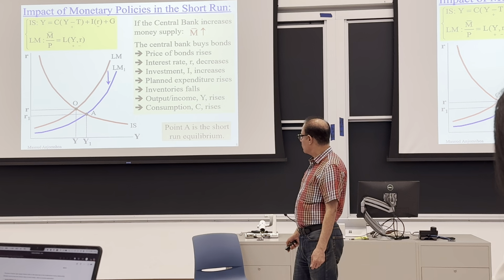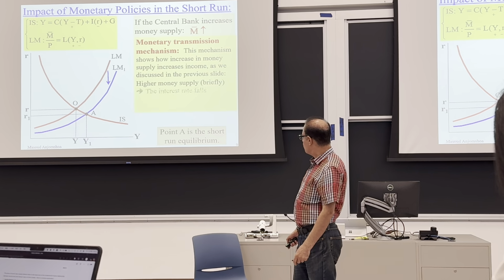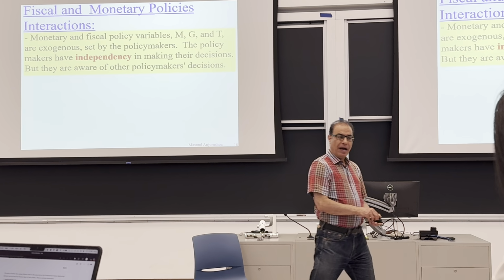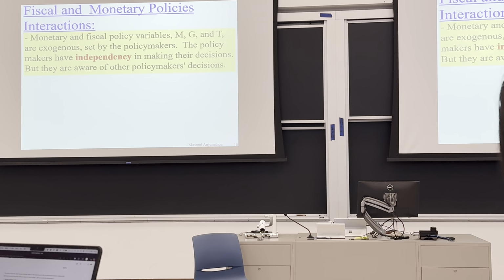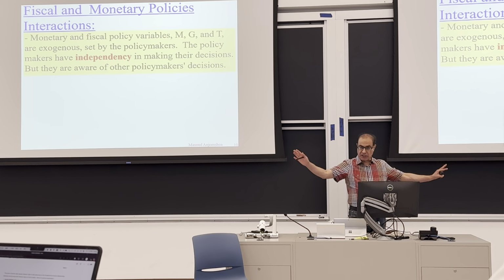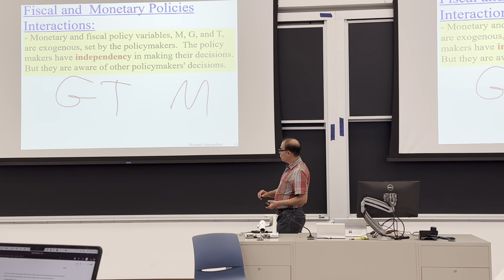So we talked about goods market, we talked about the IS curve, policy, and the LM curve. Okay, you know that fiscal policies and monetary policies are controlled by two different policymakers. So G and T, M, money supply.